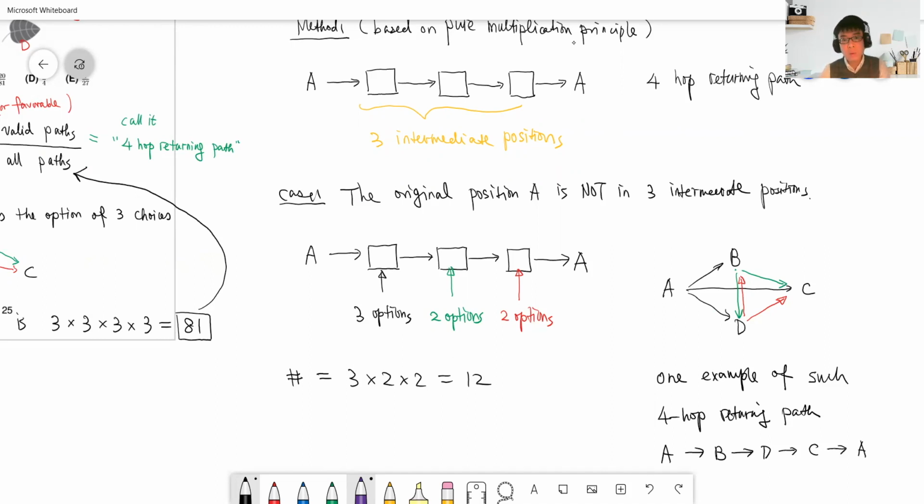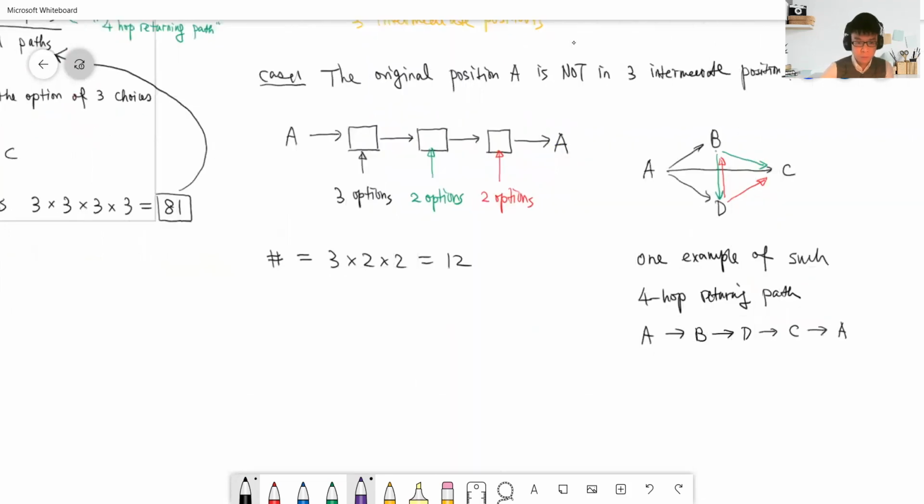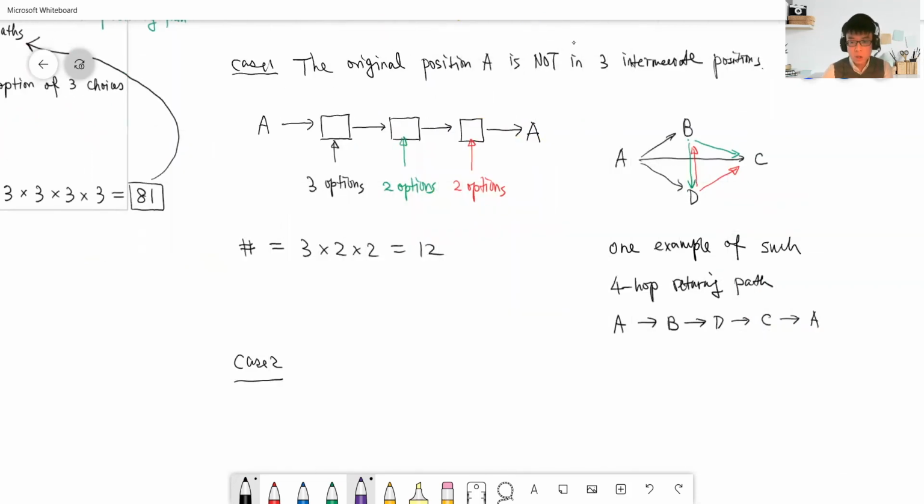There are totally 12 such paths. Next, we consider the case 2. For case 2, the original position A is in these 3 intermediate positions.